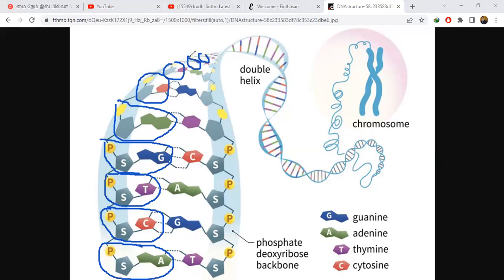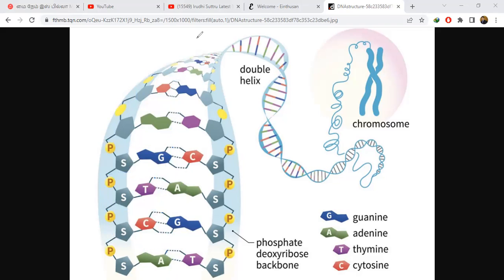Do you agree? Many nucleotides are joined together to form a nucleic acid. Very simple idea. Many nucleotides are joined one after the other and make a chain, and that chain is called a nucleic acid. Agree?